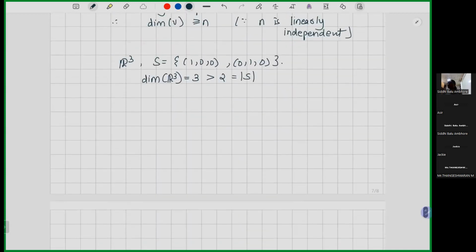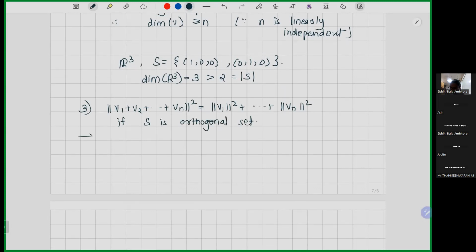So this third one: the norm of v1 plus v2 plus so on up to vn, squared, is equal to the norm of v1 squared plus so on up to the norm of vn squared, if S is an orthogonal set.